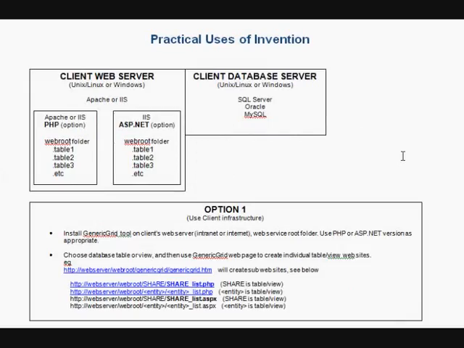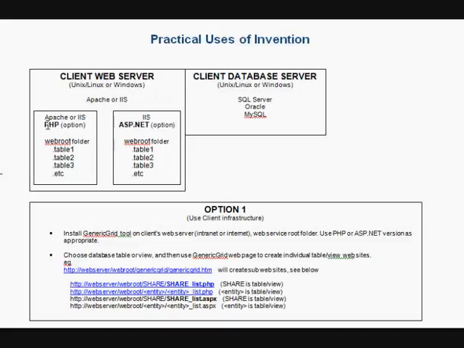Now, for this generic grid, we have two practical uses which could be used straight away. As you can see here, we could have a client web server and a client database server running from your organization. This client server could be a Unix or a Windows box, and it can run Apache or IIS web service from Microsoft, Apache being open source running PHP.